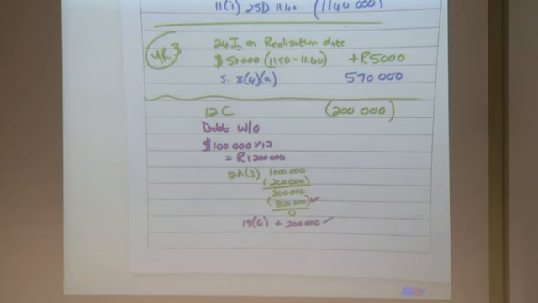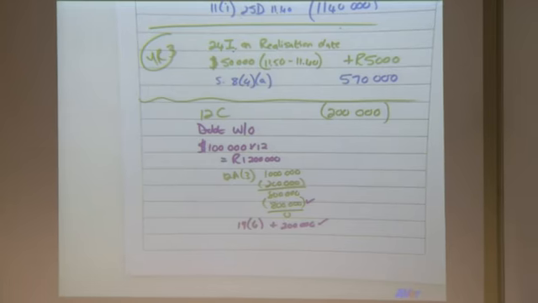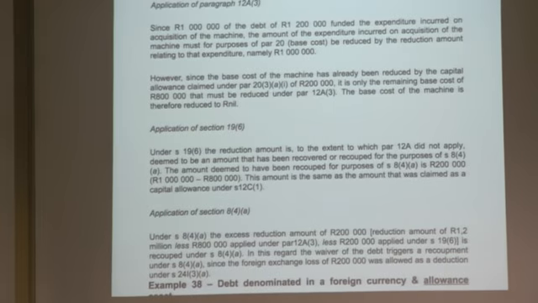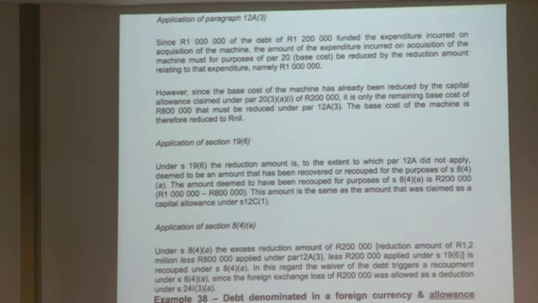So it says, under Section 84A, the excess reduction amount of 200,000, because I had a 1.2 debt reduction, I've already used 800 against my paragraph 12A3. I've already done 200,000 against 19.6, so now I have another 200 left. In this regard, the waiver of the debt triggers a recoupment under 84A, since the foreign exchange loss of 200,000 was allowed as a deduction under 24I3.